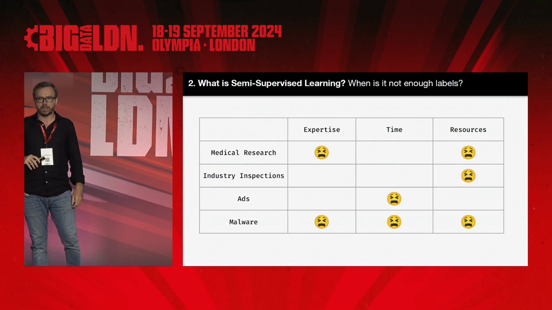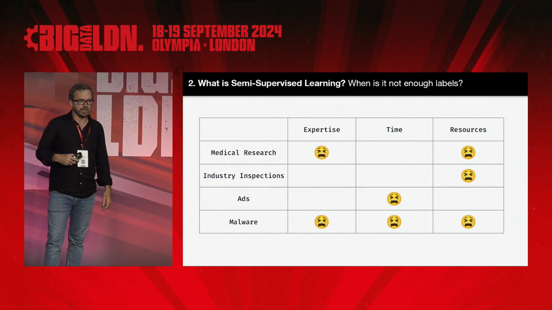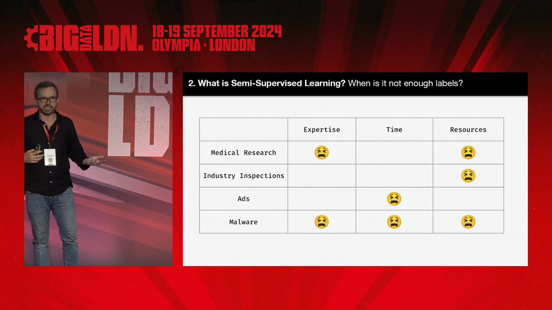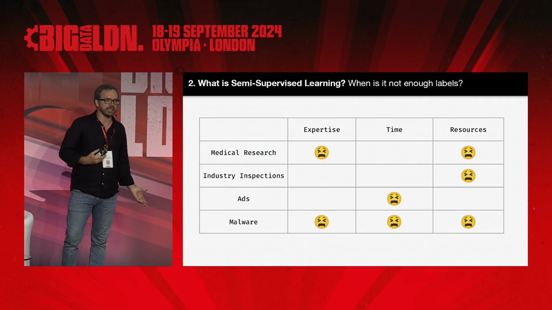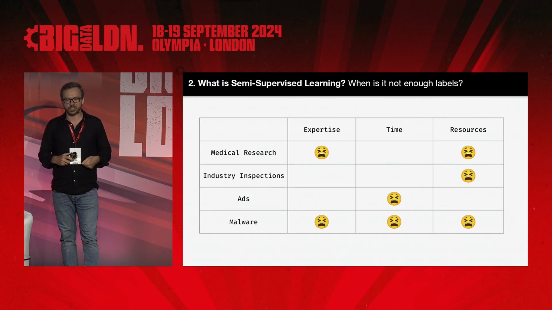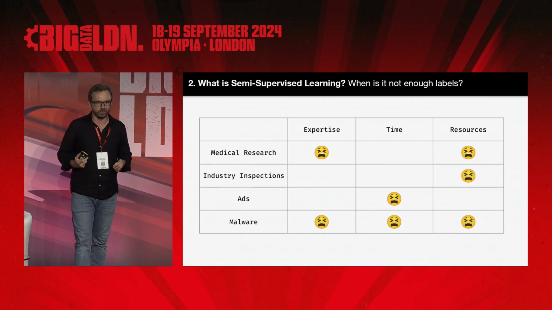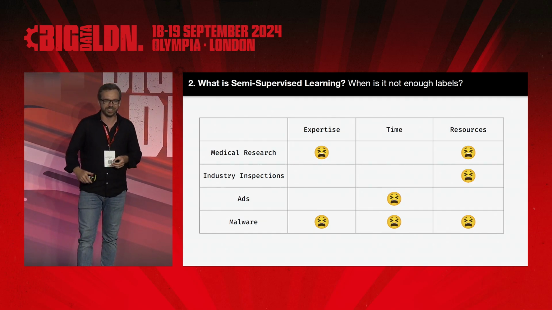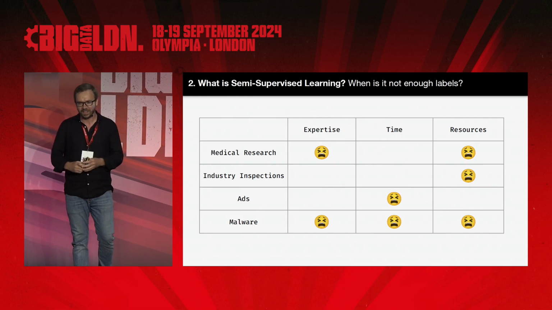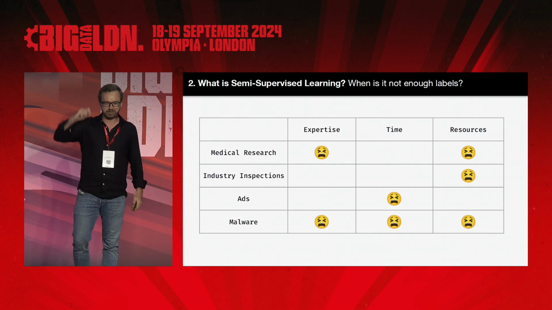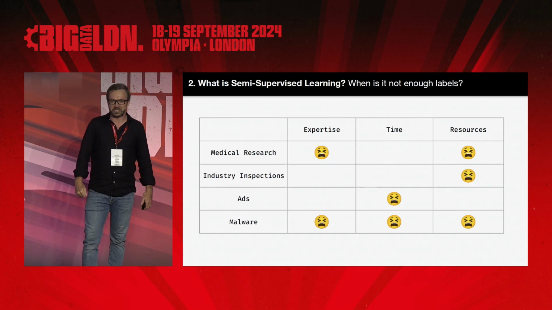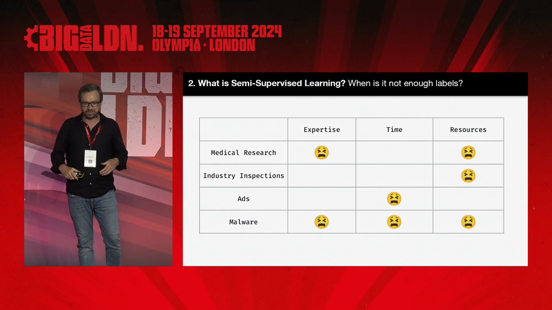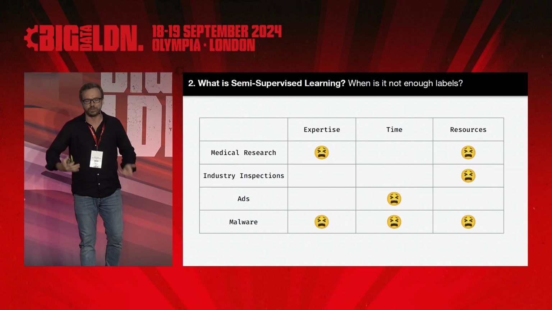But quite often we don't have too much labeled data, or it's pretty expensive. For those who worked in a large corporation, you might know how complicated it is to get the budget, even if it's, I don't know, 50,000 pounds, 1 million, whatever. For those who work in startups, I assume there is a challenge from the other side. There might not be some money to invest in this.